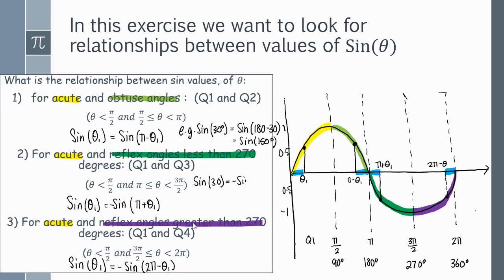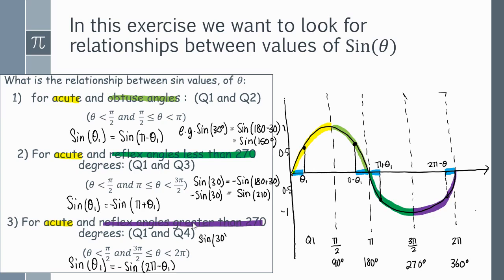Using the second finding, if we know sine 30, I can figure out what sine of 180 plus 30 is. 180 plus 30, that's 210. So sine of 210 this time would be negative sine of 30 degrees. And these could be in radians or degrees. I'm just putting them in degrees for simplicity here.